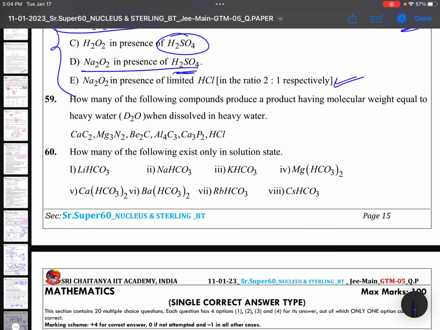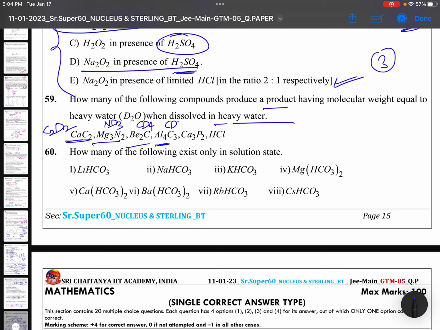How many of the following compounds produce, this is answer 3, a product having molecular weight equal to heavy water when dissolved in heavy water. CaC2 will give you C2D2, and Mg3N2 will give you ND3. Be2C will give you CD4.